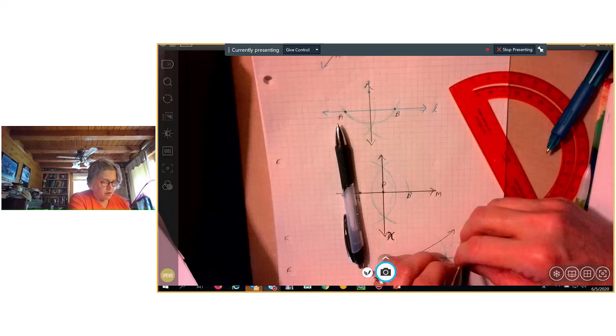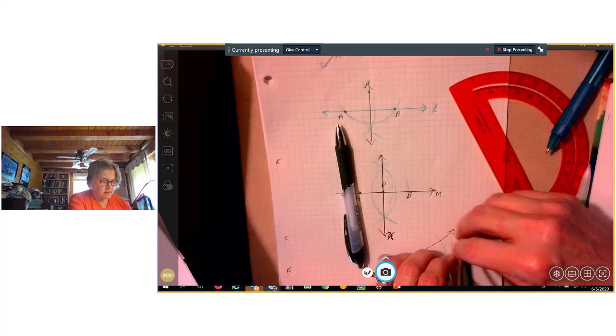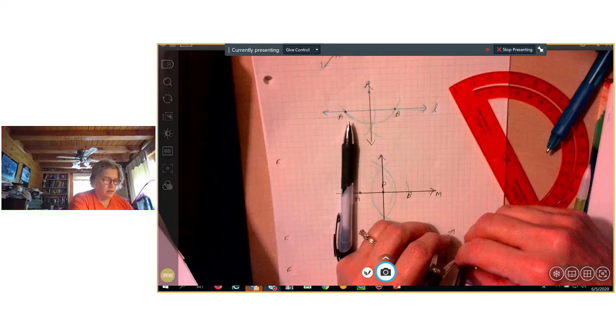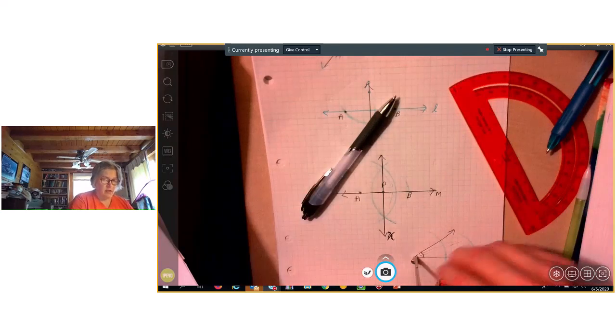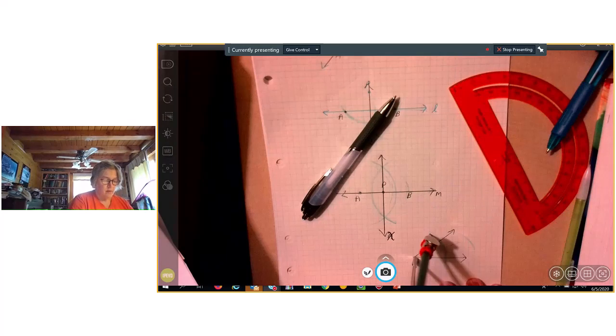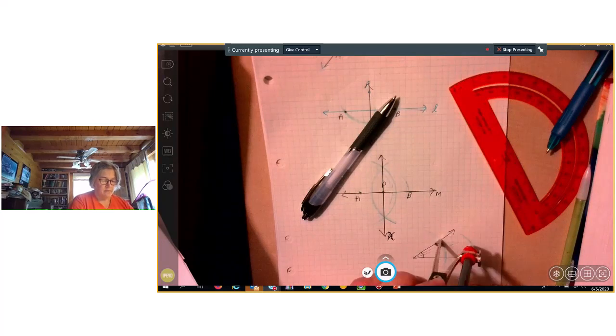Then what I'm going to do is come out and draw this arc, same distance, but I'm going to my point. Sorry, you can't see that. So I drew a distance here. I made an arc here. I'm going to one of the points on the angle and drawing an arc out here, and doing the same thing.